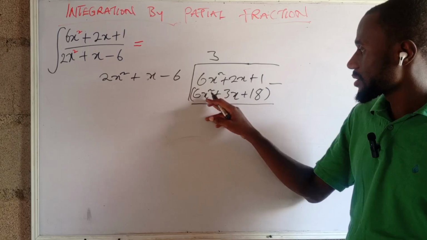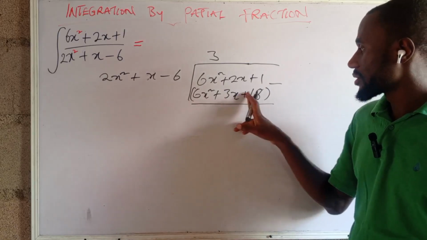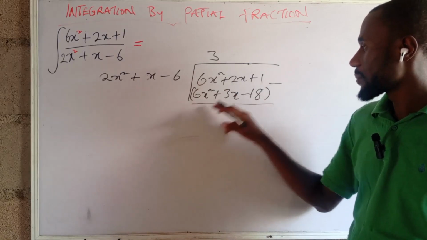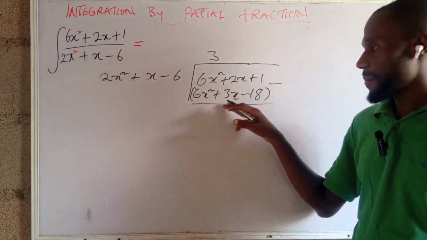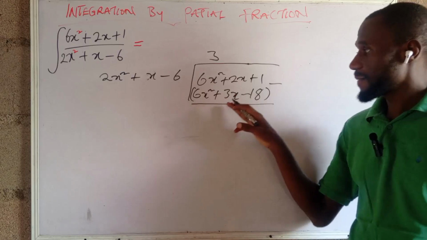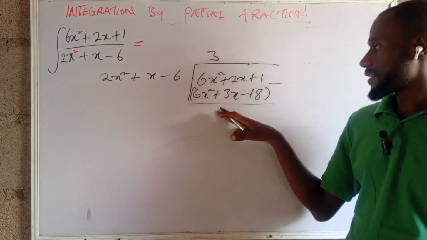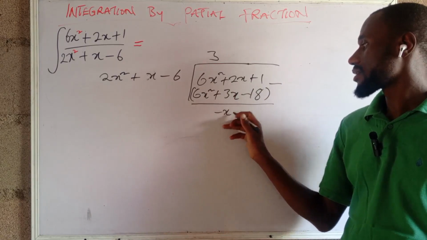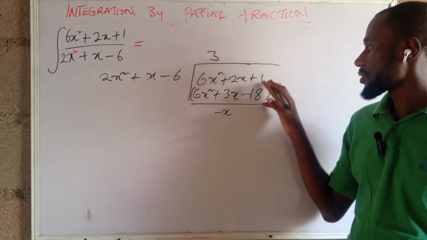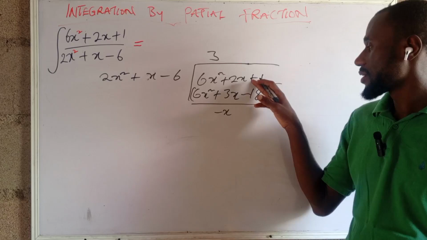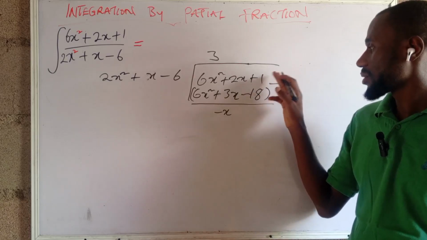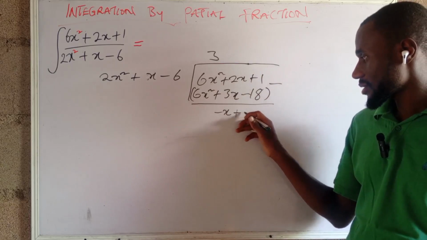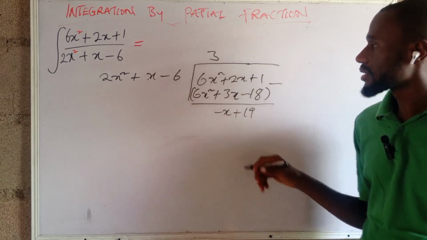Then this minus this is 0. Minus 2x plus 3x here we can have minus x. Then 1 minus minus 18, here we can have plus 19.